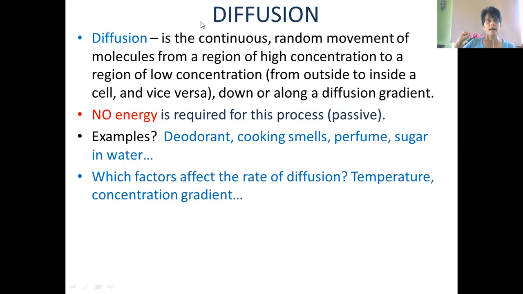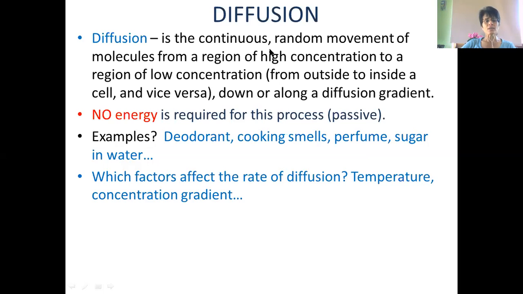If the doors were closed, the molecules of deodorant would spread until it was equilibrium, until they are equally spread out between the air molecules. But because there are two doors open here, it will never be at equilibrium, okay? Because the molecules are going to pass out as well. They will continue moving from a region of high concentration where I sprayed the deodorant, out the door, okay? And eventually I won't be able to smell it anymore.